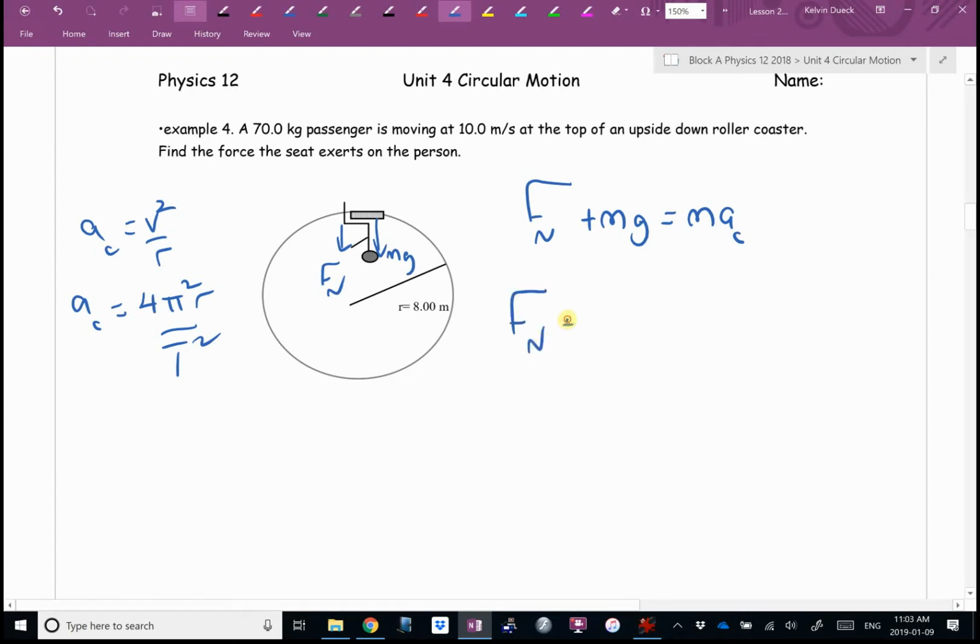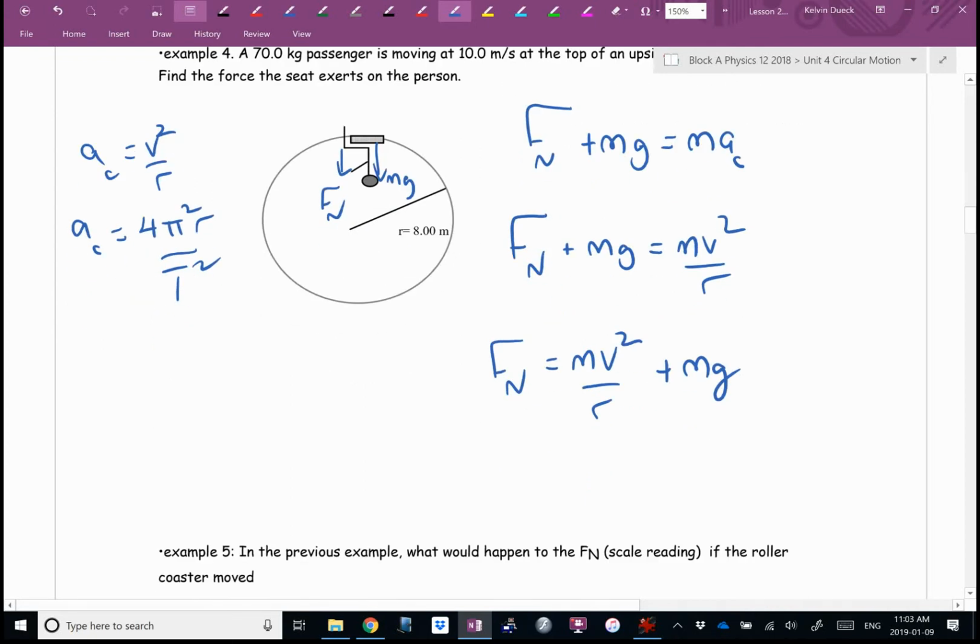Normal force plus mg equals mv squared over r. What's this question asking me to find? How do I get the normal force by itself? Subtract.